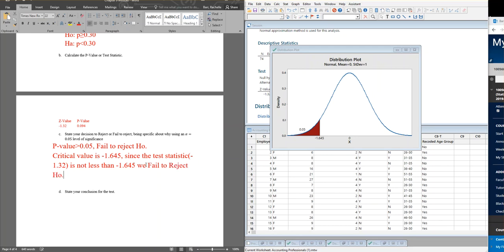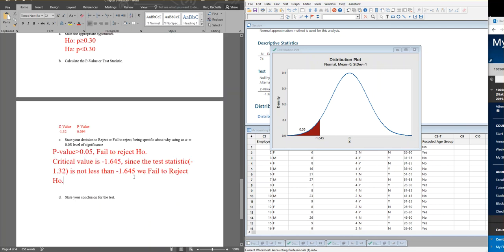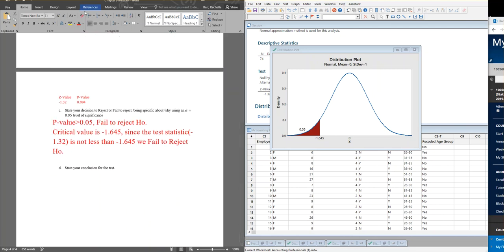So, aha. It looks like that age group in particular for the IMA accountants is not smaller than 30%. Yeah, we're going to write that now. The evidence: there is insufficient evidence to support, for IMA accountants.